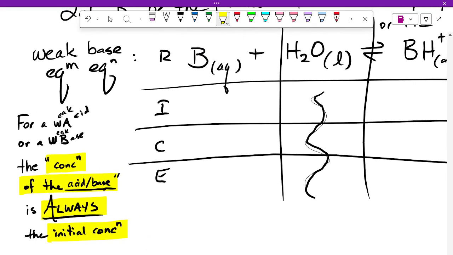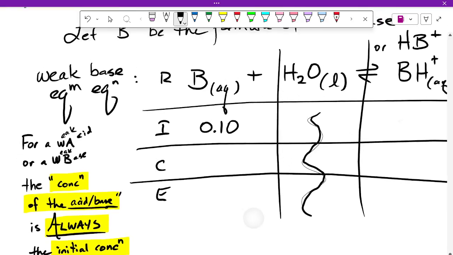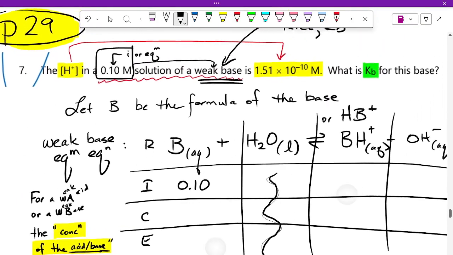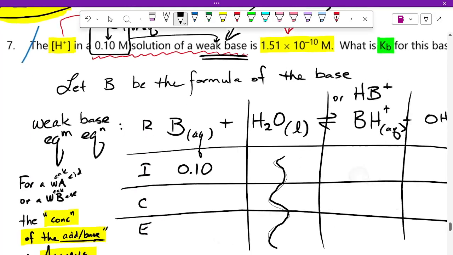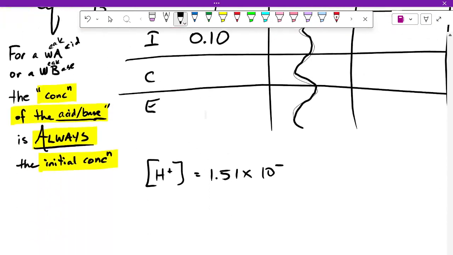Okay. So that means that our concentration of the base initially is 0.1. Is it 0.10? Yes, it is, 0.10. And the other information that we are given is that the concentration of hydrogen is 1.51 times 10 to the negative 10 molar.